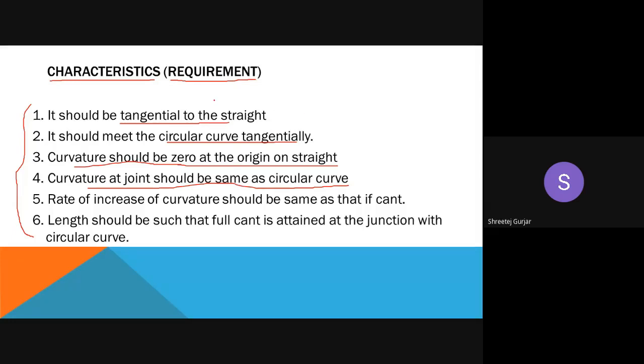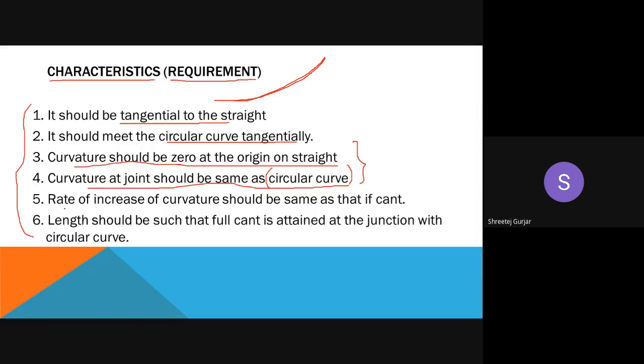Initially it has to be straight, and then slowly curve and achieve the curvature of the circular curve which we have provided. Or we can say the radius initially should be, sorry, not zero, the radius has some value, but it then gradually changes to achieve the radius of the circular curve. So that is the second, third, and the fourth point.